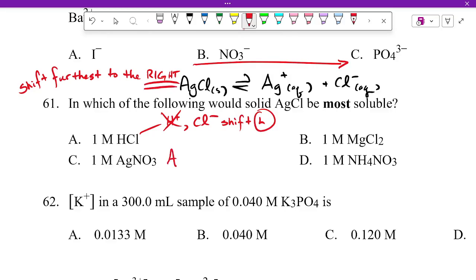How about Ag plus or NO3 minus? Does NO3 do anything? No. Does Ag plus do anything? Yes, but it shifts it left. So that's not what we want either.